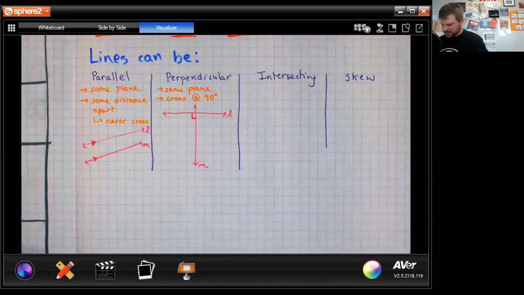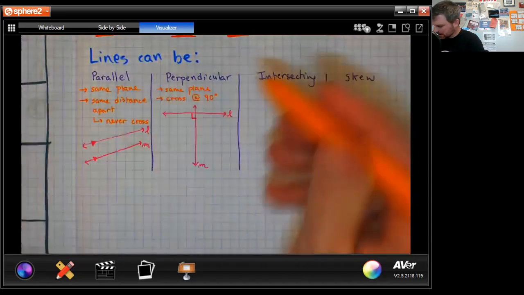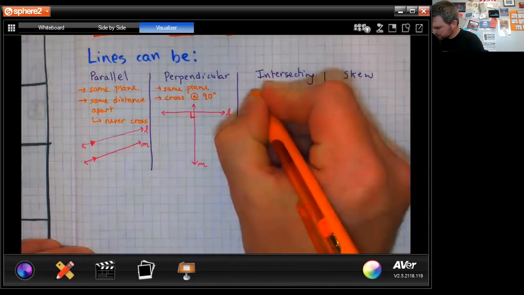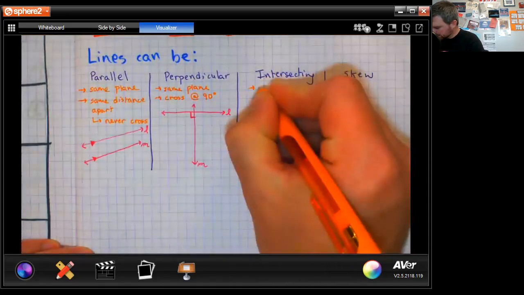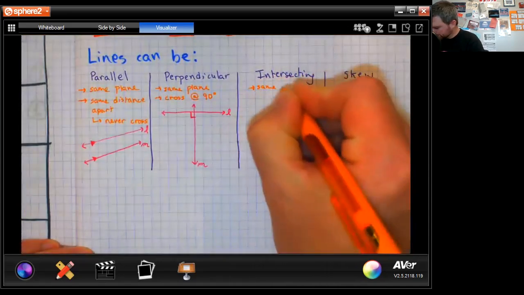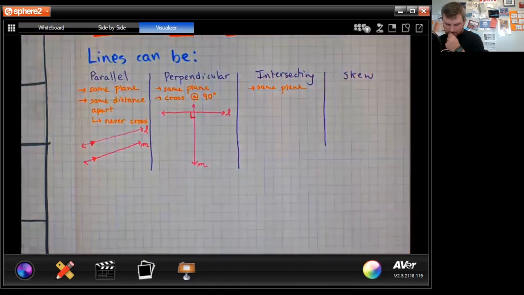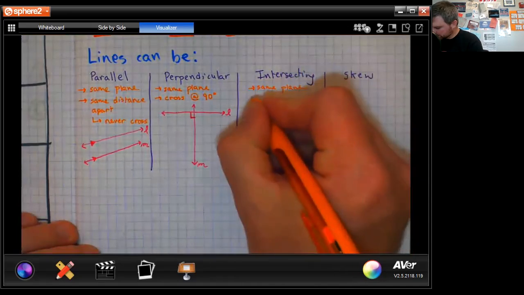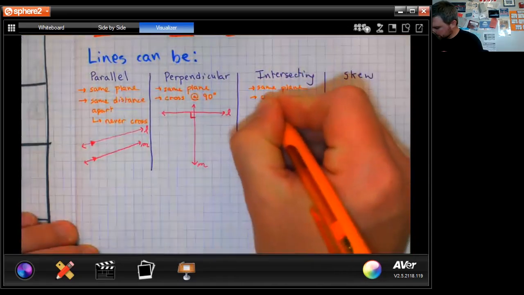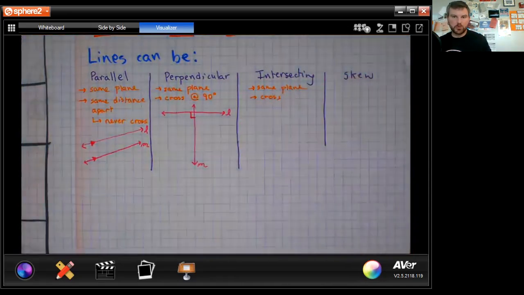Okay, intersecting lines. Again, intersecting lines will be on the same plane. And they will cross. At some point, those lines will cross.